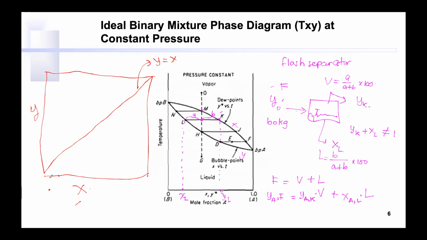So here, let's say this is 0, this is 1. When X equals 0, Y also equals 0, right here, so I'm going to put this point. When X equals 1, Y also equals 1, so I'm going to put this point here. And then when I see X is at this side, maybe around this one, I'm going to put it there.